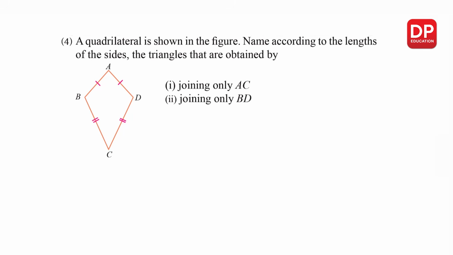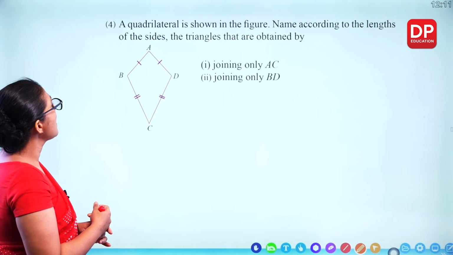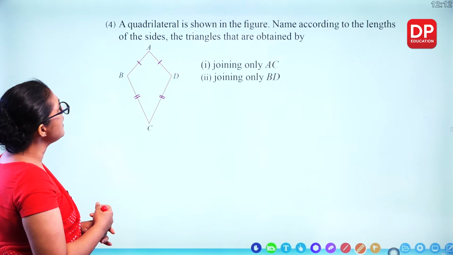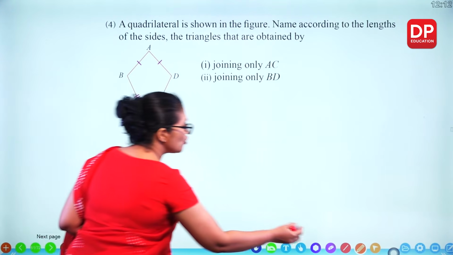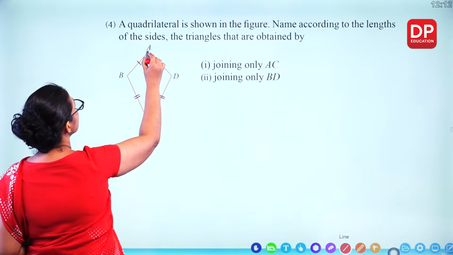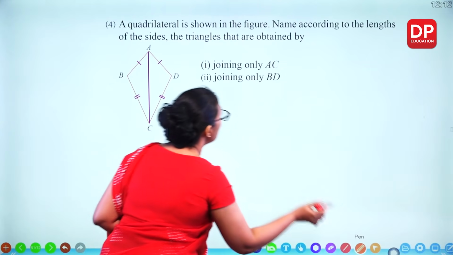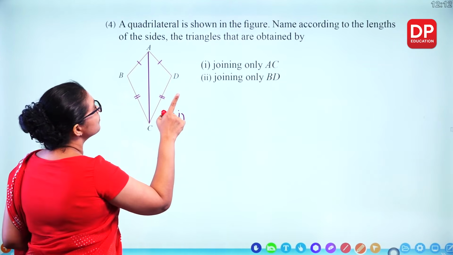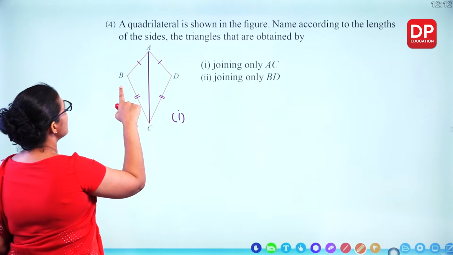A quadrilateral is shown in the figure. Name according to the lengths of the sides the triangles that are obtained by joining only AC. We'll join AC. So you get triangles. Name according to the lengths of the sides the triangles that you obtain.